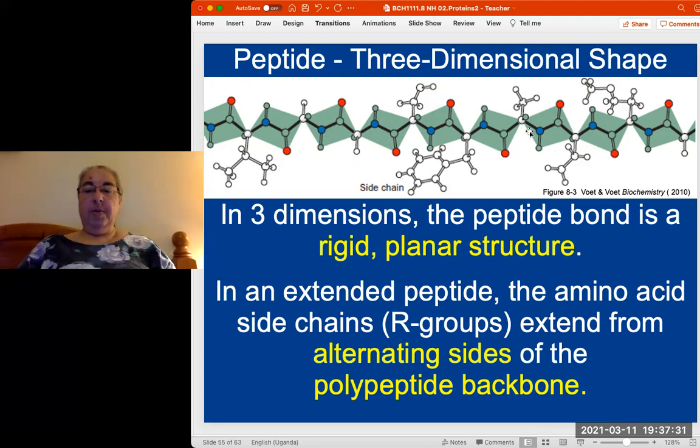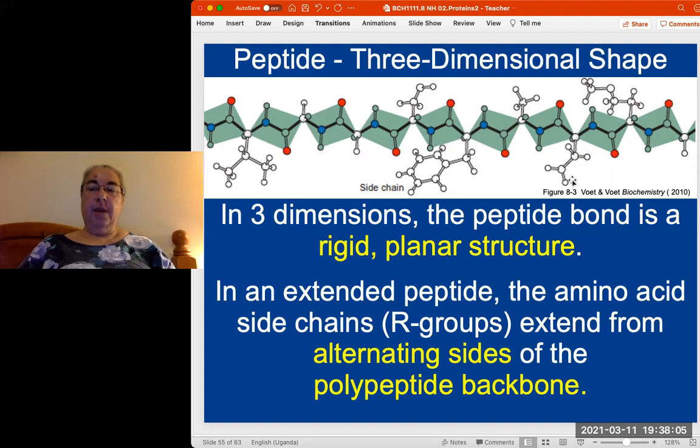In a long peptide chain like this, the R groups are actually sticking out on opposite sides of the chain. So here is one alpha carbon atom, and here is an R group extending below the chain. Here is the next alpha carbon, and its R group is extending above the chain. Below, above, below. This is a large, bulky R group.